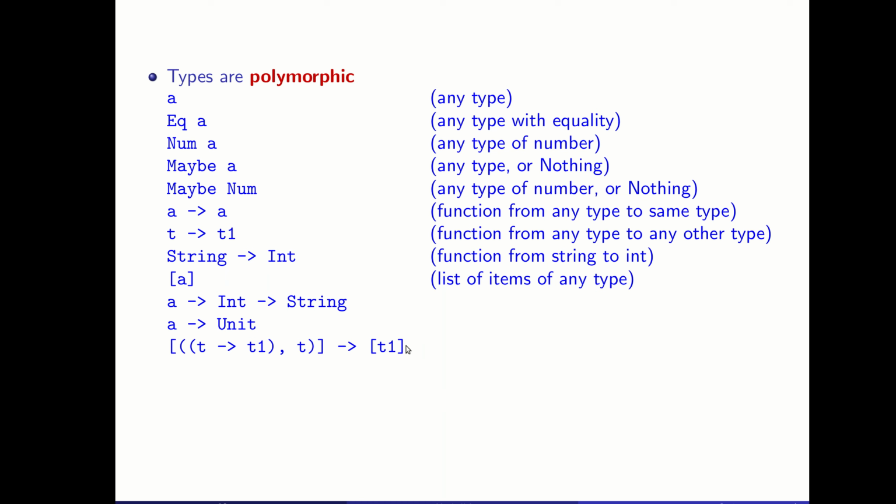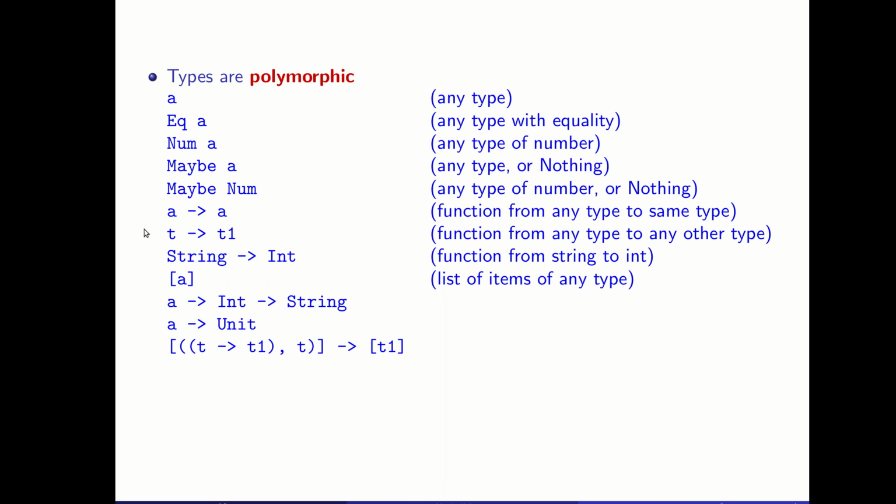And then, as I mentioned before, functions are values as well. And so functions have their own types. Much like your functions in other languages have types, these are just written a little differently. So this would be the type of a function that goes from type A to type A, meaning its input is type A and its output is type A. And then here's another function that has two different types.